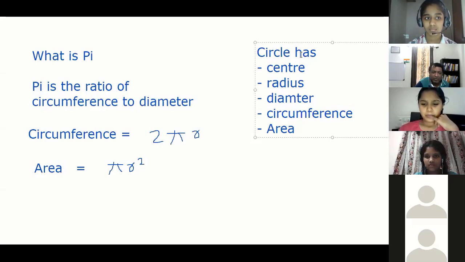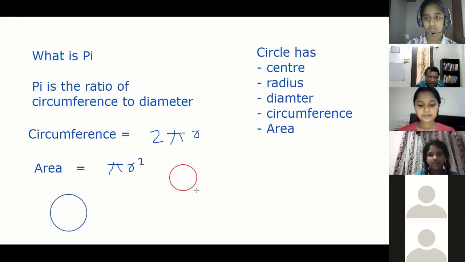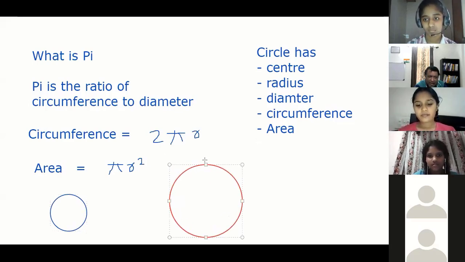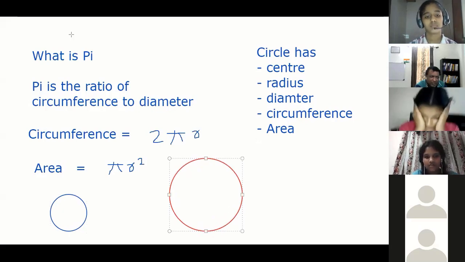What I'm trying to tell you is, let me put a circle. See it like this. Suppose I have this blue circle. What will be the circumference of this?